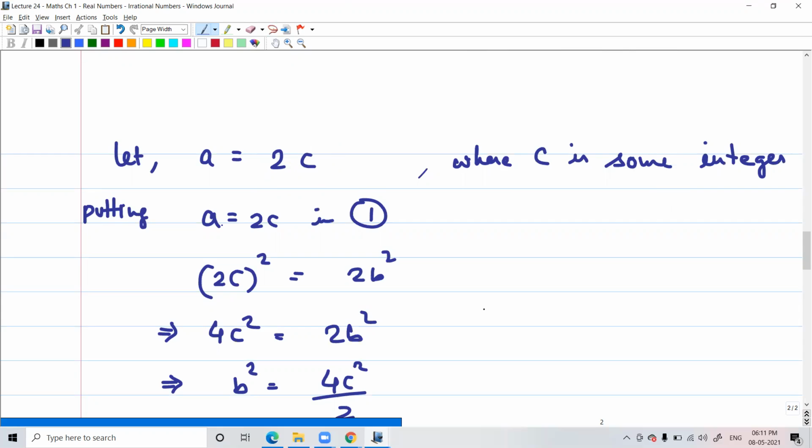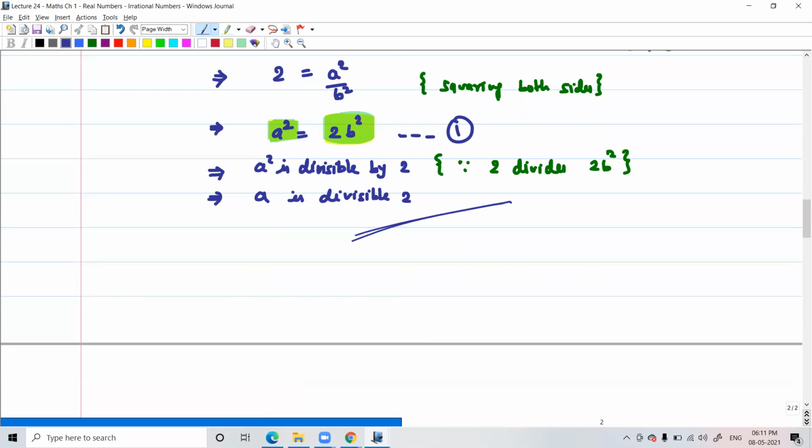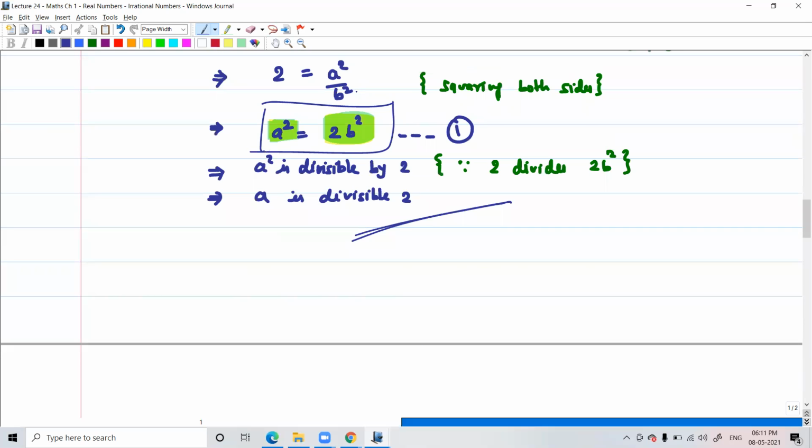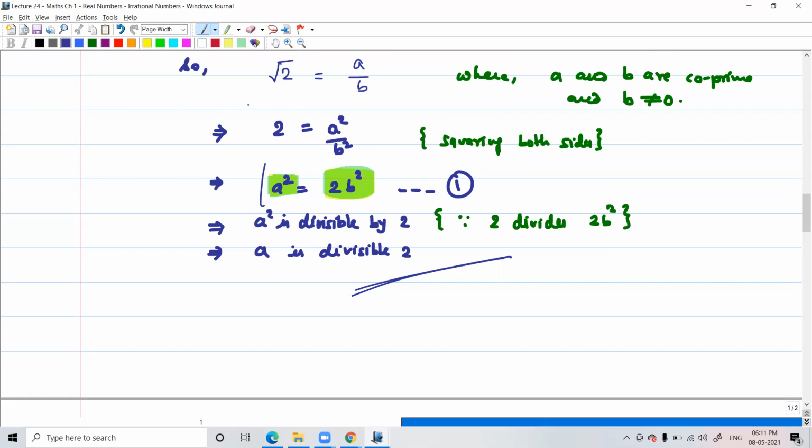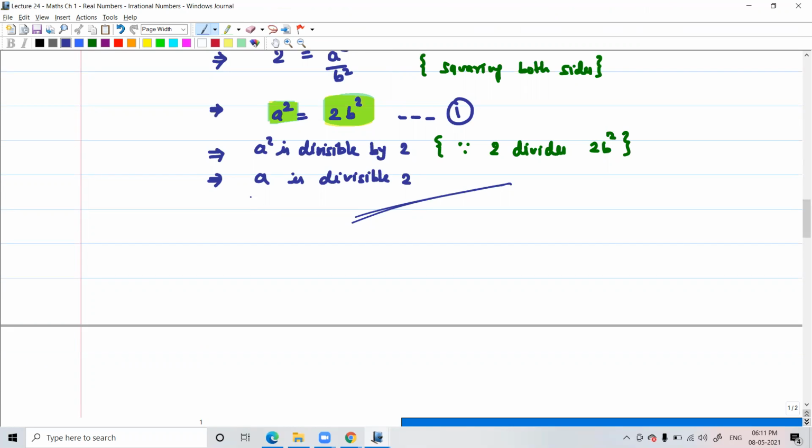Now you put this a is equal to 2c in the first equation which we got earlier, this one. This is what we have got from our assumption, no? a square is equal to 2b square. In this equation, you put a is equal to 2c.